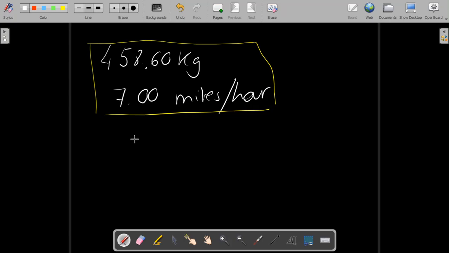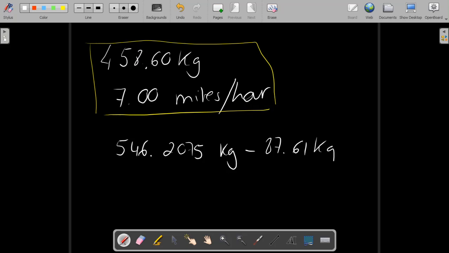So the first one was 546.2075 kilograms minus 87.61 kilograms. Okay, this is a minus or addition rule that you need to apply here, and that has to do with precision.